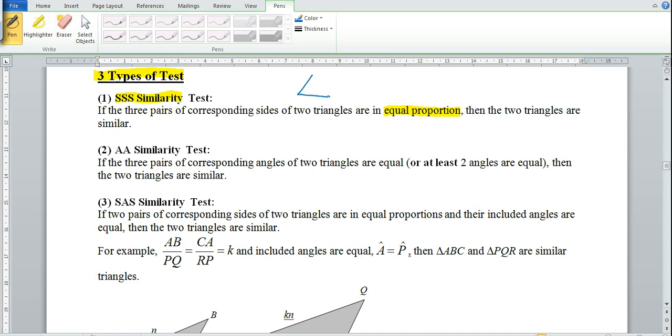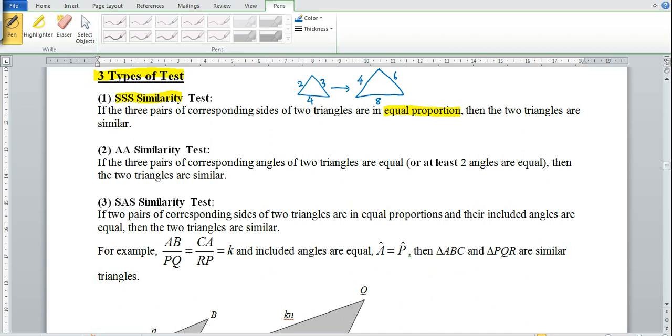If I have a triangle here with the sides 2 cm, 3 cm, and 4 cm, and I have another triangle with the sides 4 cm, 8 cm, and 6 cm. So I can see that between the small to the big triangle, it is an enlargement by 2.